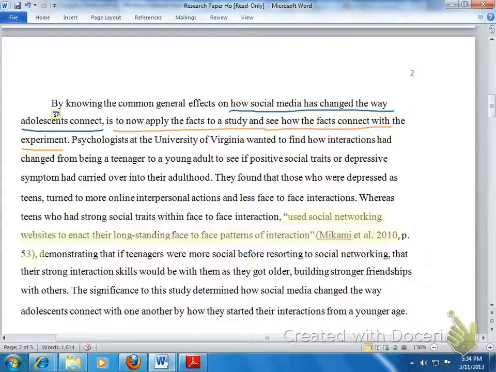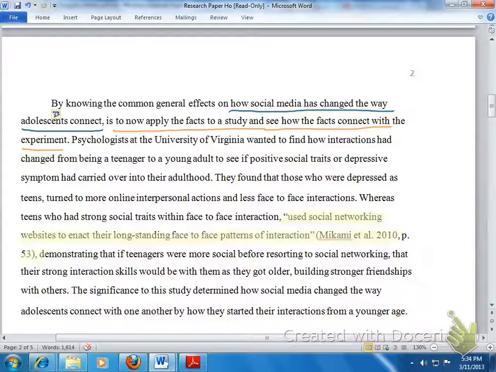Well, I'm confused about it. It says to now apply the facts to a study. If you don't do the study, where do you get the facts? Exactly. Good question. So this is a wording issue. If we're now going to apply the facts to a study, unless there was something about facts in a previous paragraph, which I cut, but I don't think there was.